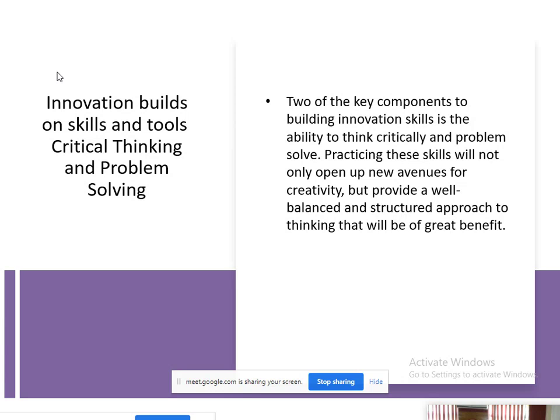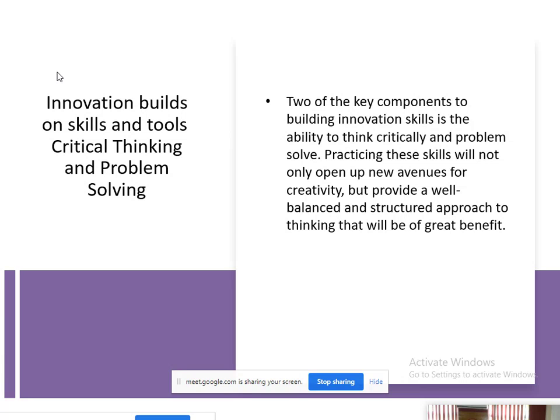So that he will be able to solve the problem, because innovation's main work is to solve the problem. A product is introduced, but the existing products may not be able to solve every problem, and that is where innovation actually plays a part.